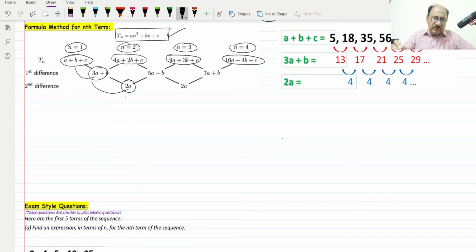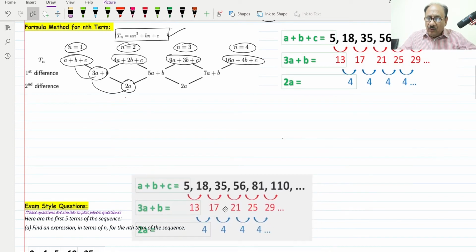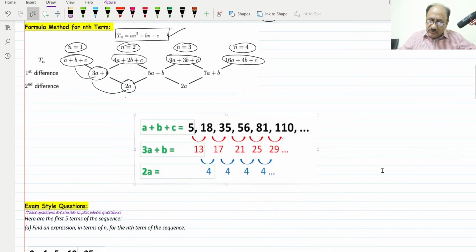How we will be using these three terms, I will explain with this question. For example, over here I have taken a question. This is the sequence 5, 18, 35, 56, 81 and 110.